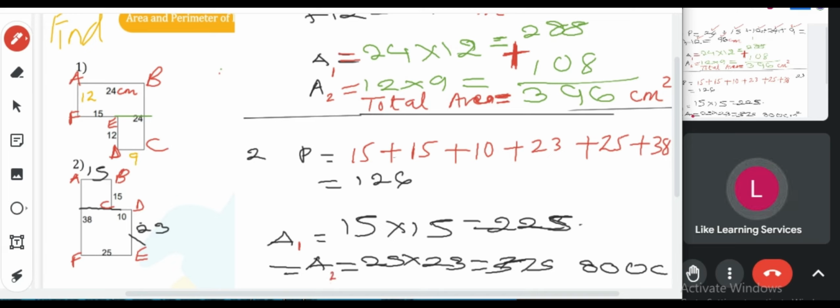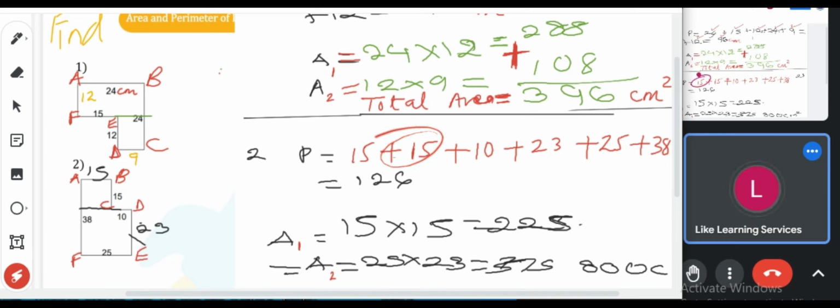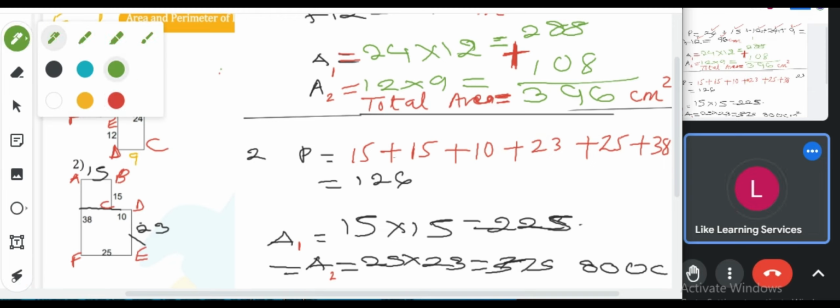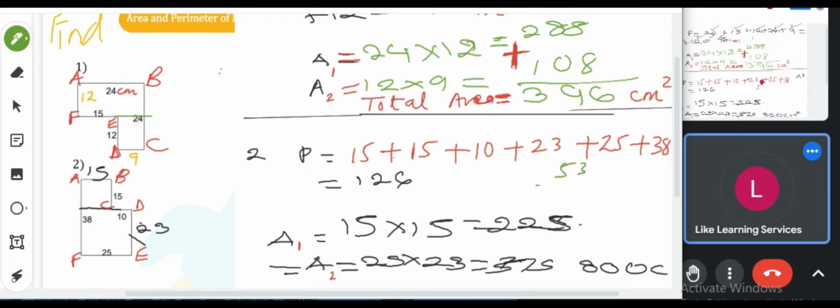This is 30, 40, 53. I'm just trying to add them. Let's do the rough work. 53 plus 25 plus 38 will give you 63.